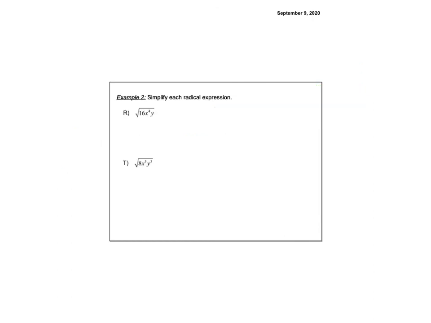All right, let's have some practice with some variables and find the square roots of those. I'm going to pull these apart here: the square root of 16, the square root of x to the fourth, and the square root of y. We can find the square root of 16, that's 4. Remember when we have variables, if you don't know what times what gives you x to the fourth, a trick is to do 4 divided by 2.